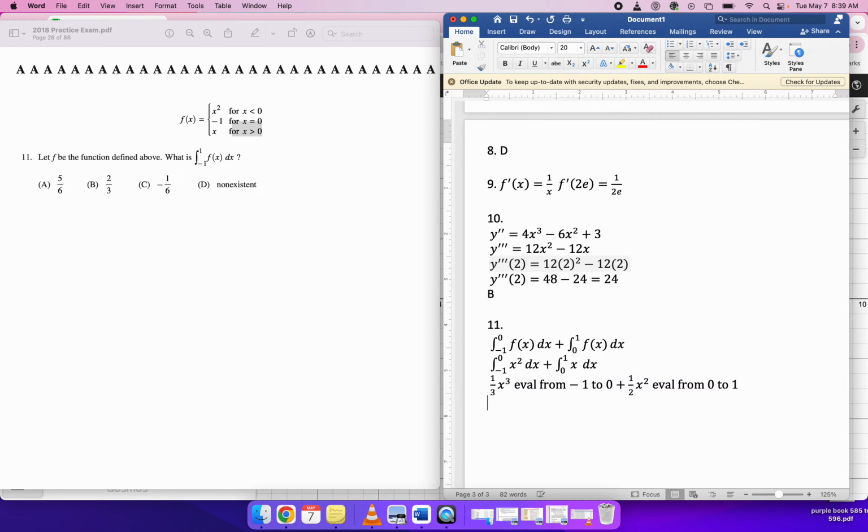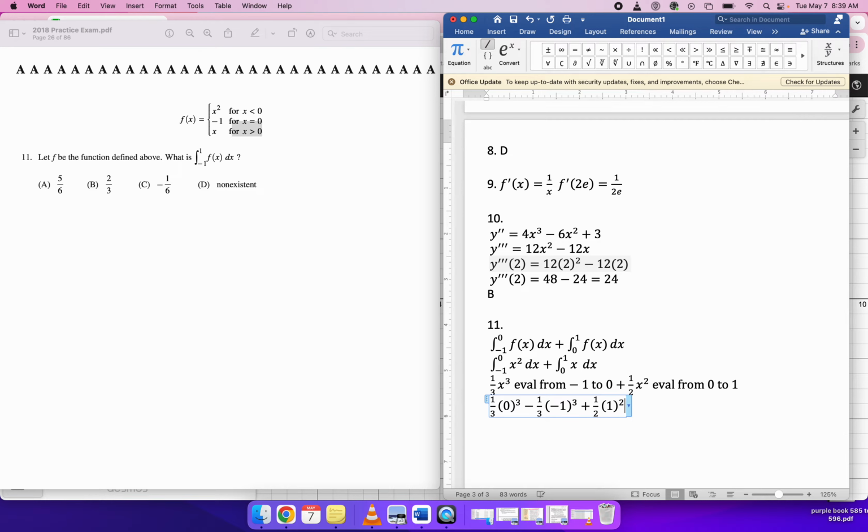So this first guy is 1/3 times 0 to the third minus 1/3 times -1 to the third, and then the second guy is going to become 1/2 times 1 squared minus 1/2 times 0 squared. So we just have positive 1/3 plus positive 1/2, which is 2/6 plus 3/6, which is 5/6. So I think it's A.